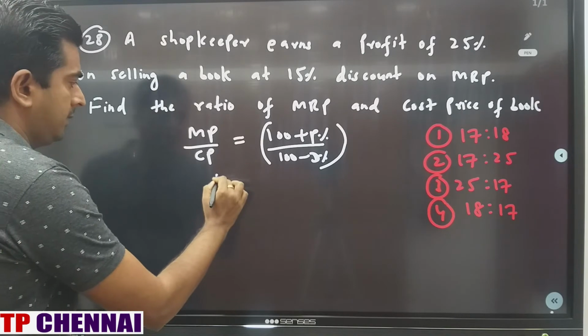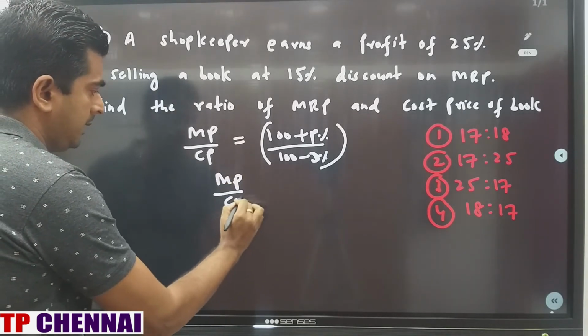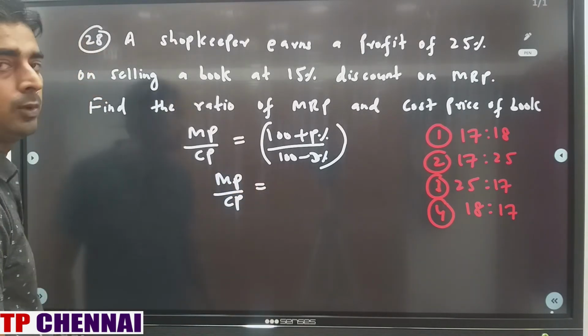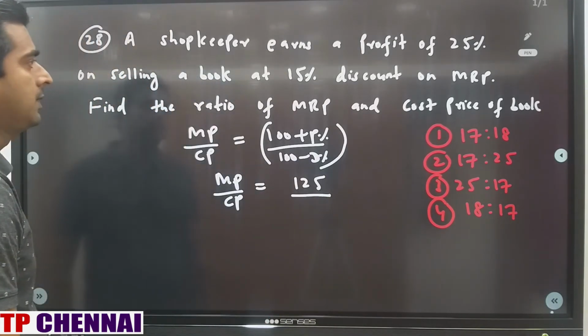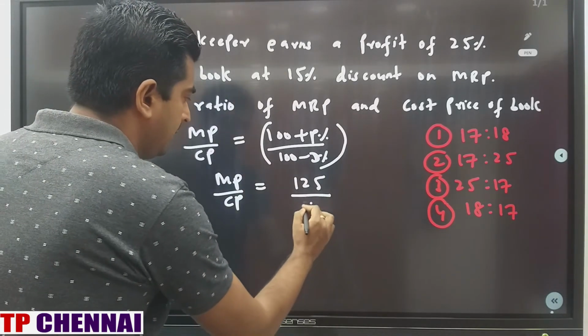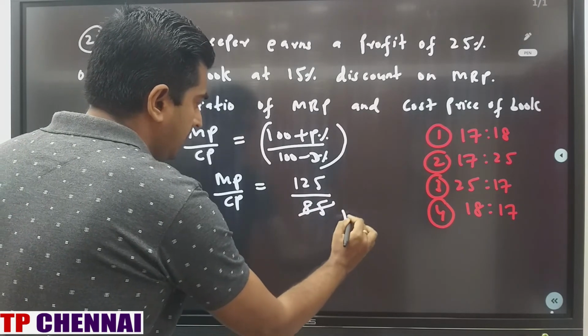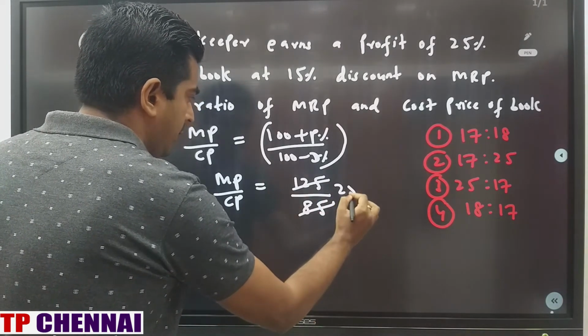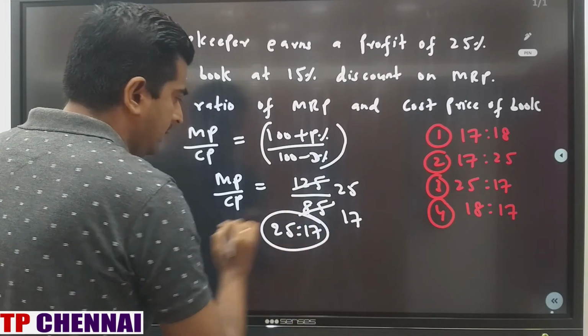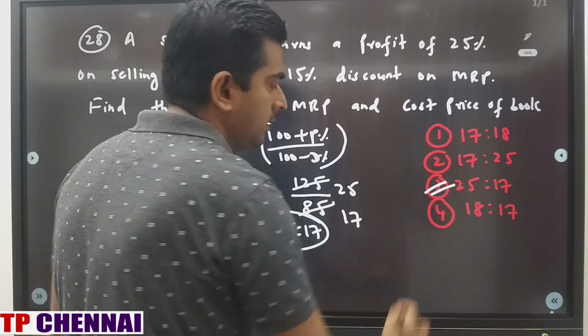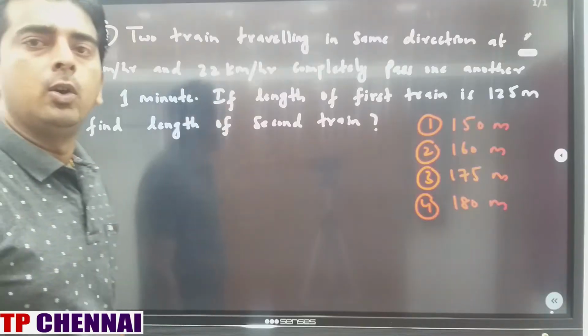So mark price by cost price is equal to, what is profit percent? They have given you 25. So 100 plus 25 is 125. What is the discount? They have given you 15%. 100 minus 15%, 85. 5 17s are 85, 5 25s are 125. So my answer is 25 is to 17, which is third option. So I hope you are clear with 28.